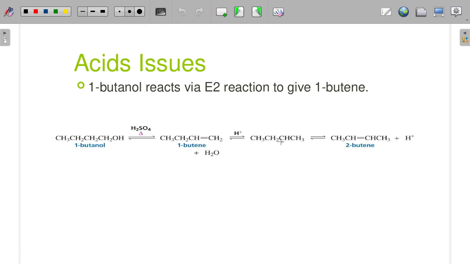And if that were to do an elimination because of the heat, we could actually see that double bond move. So 1-butanol, while it does actually react via E2, it's not going to stay that way, because an alkene in the presence of water and acid does form alcohols and carbocations. So we do see this move around.